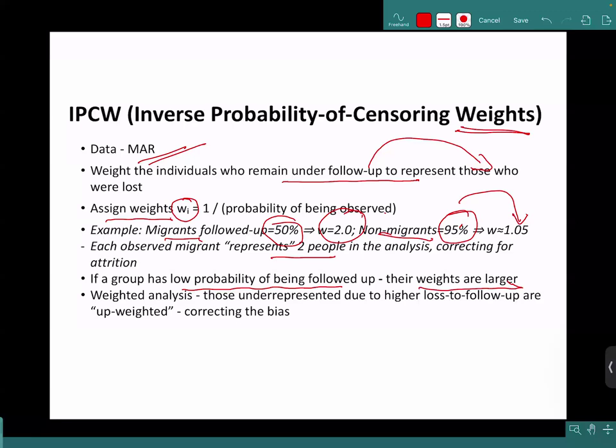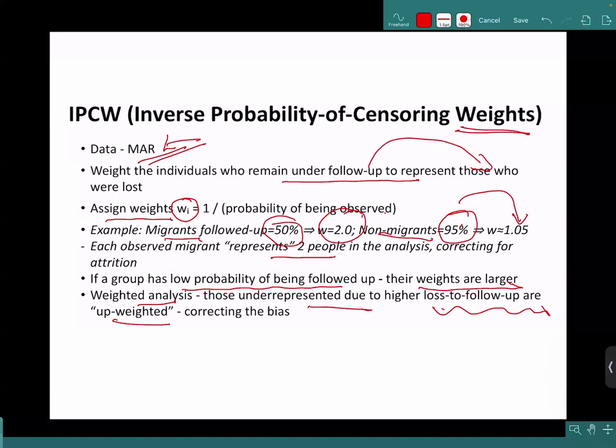This weighted analysis means you want to upweight the representation of those who have been lost to follow up, and this can happen only when there is missingness at random. So all you have to do is use the weights in your analysis. Are you getting me here? Yes, ma'am.